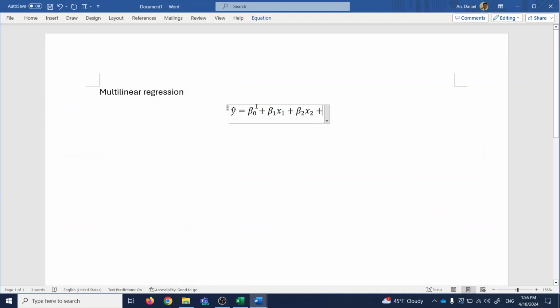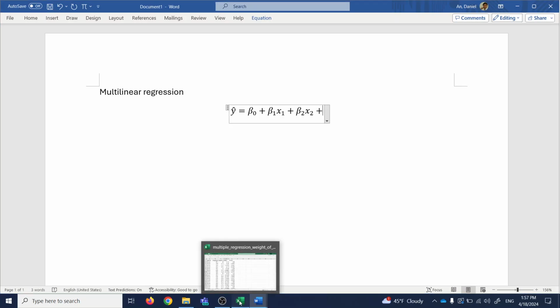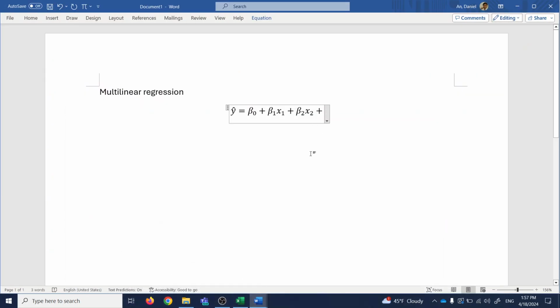So what we want to do is write down the predicted weight of the bream fish as some number plus beta 1 times the length plus beta 2 times the height, and then beta 3 times x3, which is the width. Okay. So let's try this.